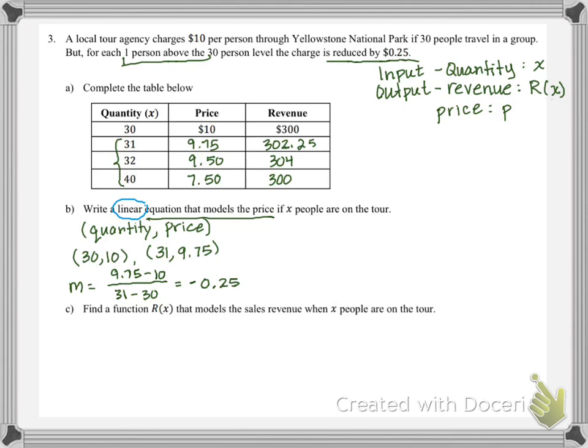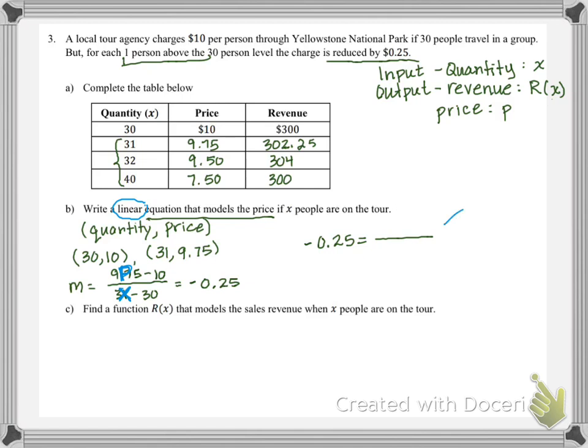So now what are we going to do with the slope to write an equation? We're going to start with our slope, and we're going to set it equal to our slope formula, replacing one of our points with the ordered pair (X, P). Right?